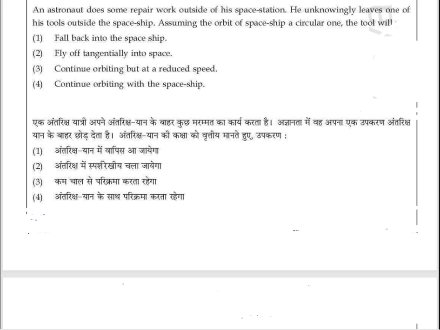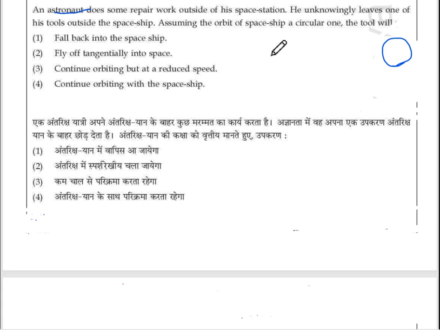When the astronaut is working outside the space station, he is moving with a uniform velocity. With a uniform speed, he is rotating around that spaceship. That means, according to Newton's first law, unless there is an external force, it will continue its motion.